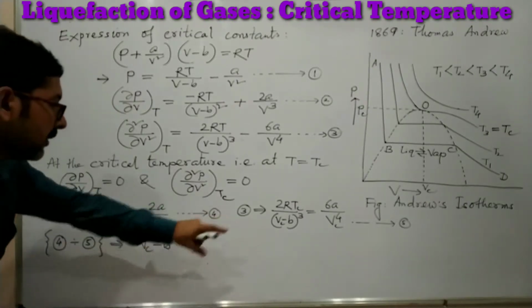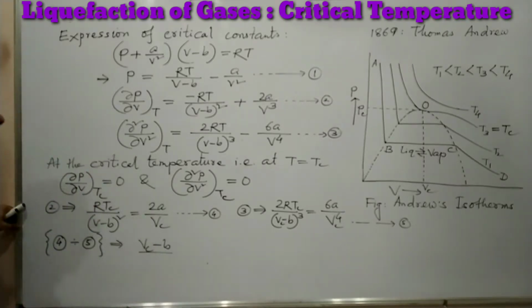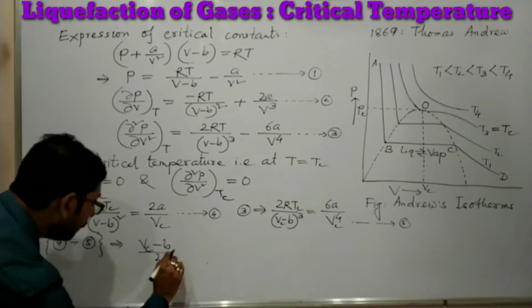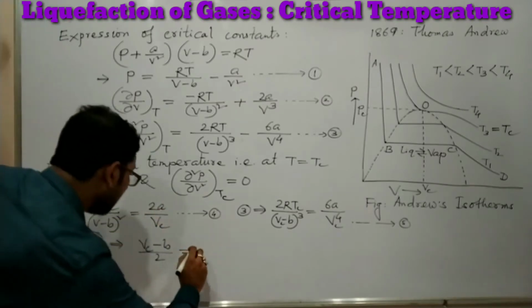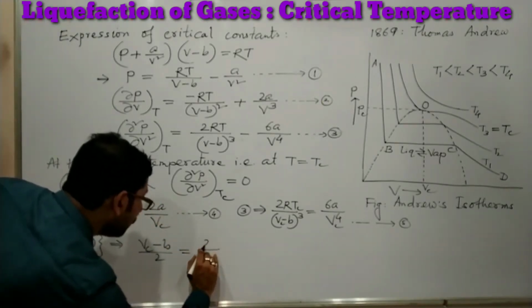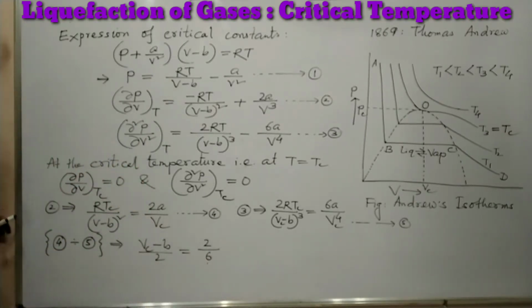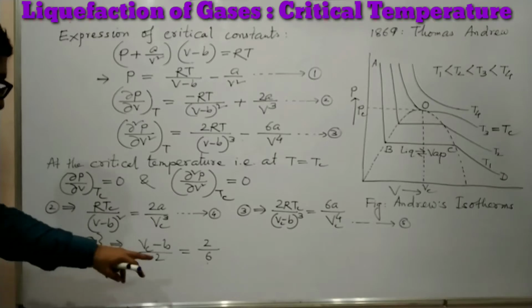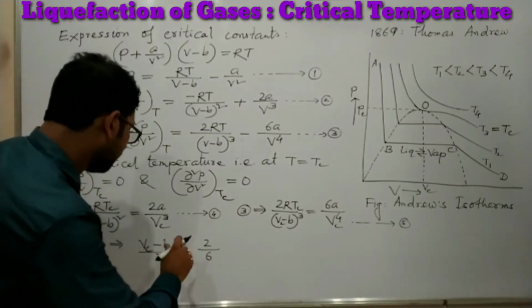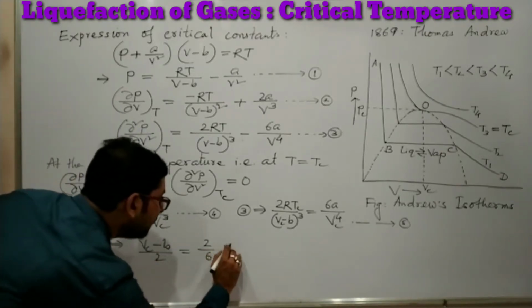Equation number 4 divided by equation number 5 gives us (Vc minus B) by 2, equal to 2A, A is cancelled out, so 2 by 6, sorry, here is a cube. 2 by 6, equation number 5, this is into Vc.